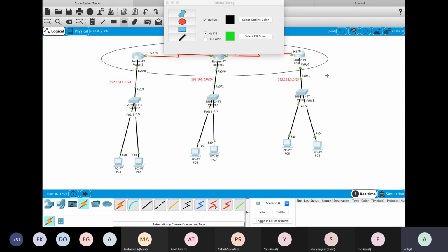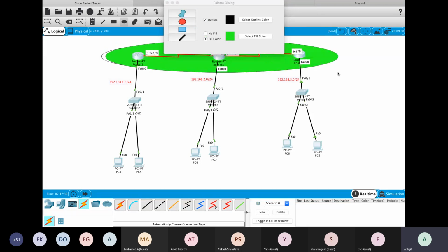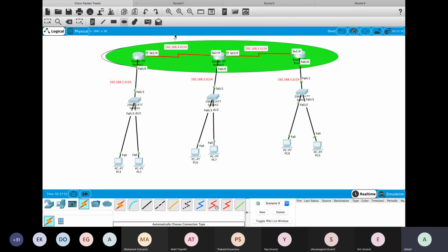And that's how the scenario will be. You get that? So that's our EIGRP domain there. 192.168.1.0, 4.0, 2, 3, and 5. All of these networks are going to be part of our EIGRP autonomous system number 10.